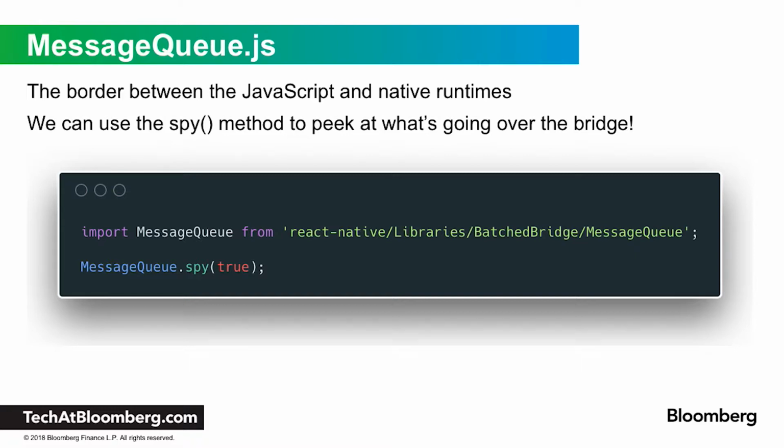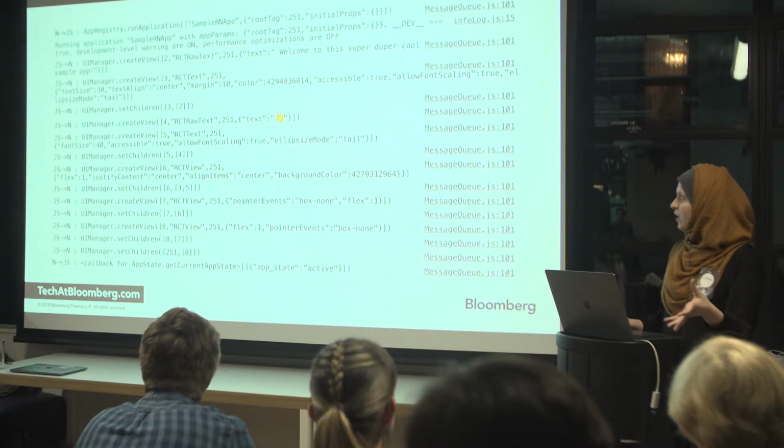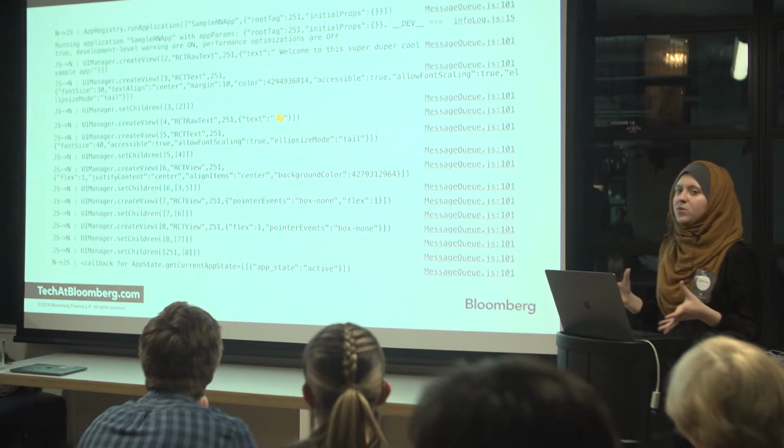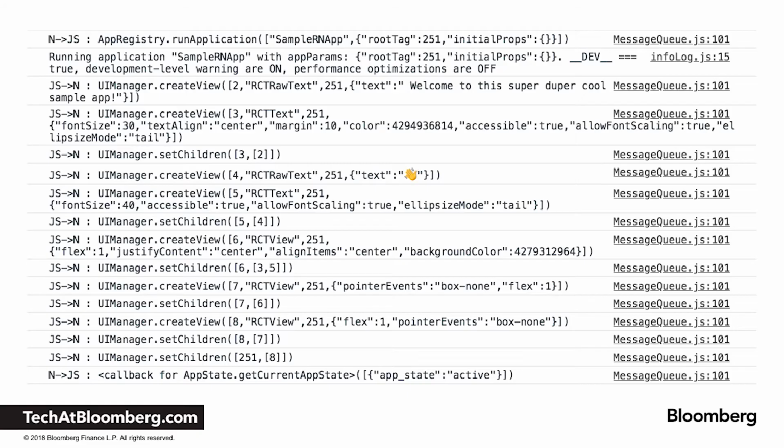And then anywhere in your JavaScript code, you can basically say message queue.spy true, or you can drop a function in there to do whatever you like with the printing, essentially. But what that basically gives you is, when you run your application in debug and you choose to debug your JS remotely, you get something a little bit like this when you run our handy sample application that we've seen before.